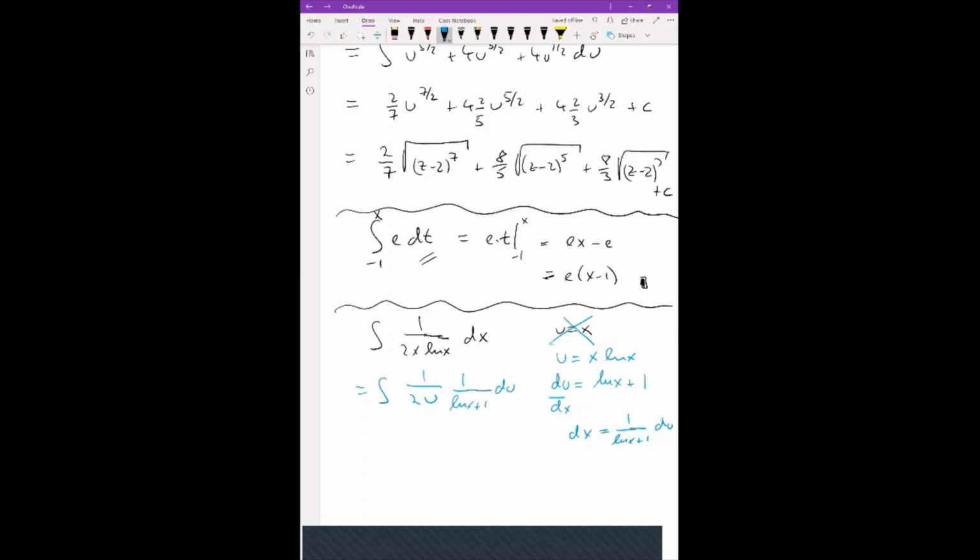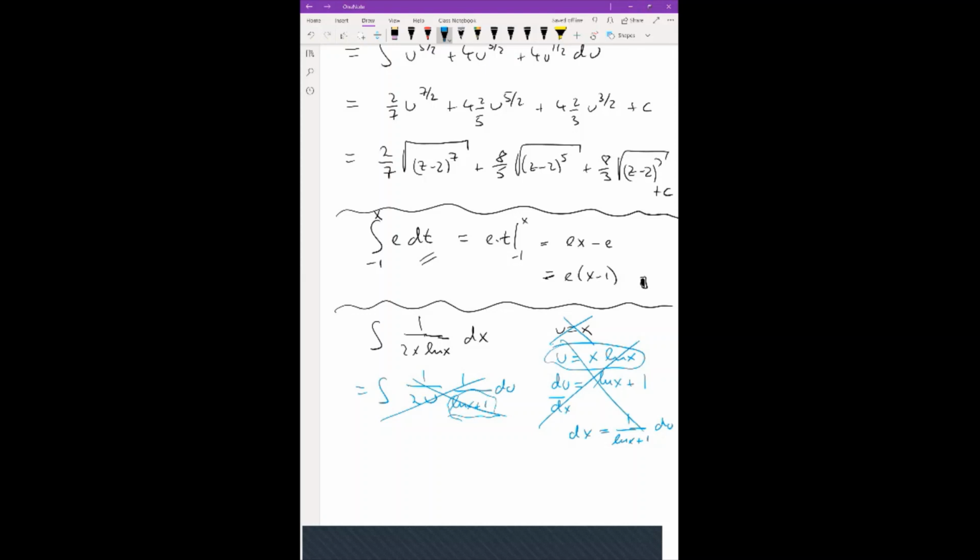But now I still have an x here. And I do not know how to get rid of this. So now I end up with an integral that is not fish and not meat, because you have a u in there and still an x in there. So this just does not work at all.